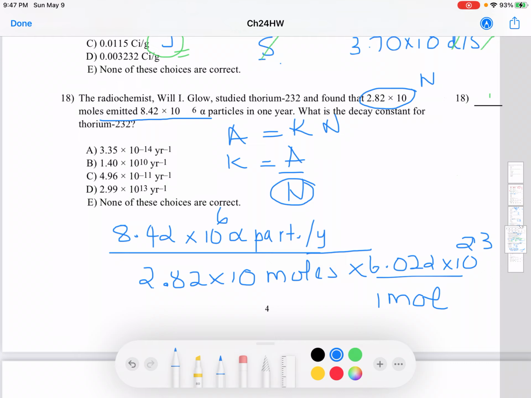So when you do this calculation, you will find your decay constant. 8.42 into 10 to the power 6 divided by 2.82 into 10.